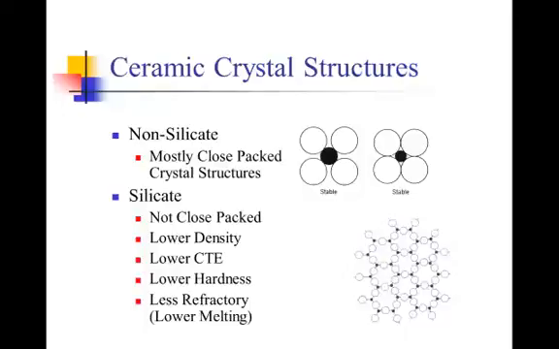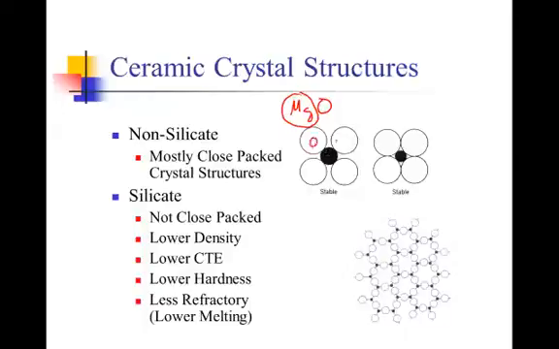So a non-silicate ceramic would be a ceramic that has, for example, a composition of magnesium oxide, where magnesium is not silicon, and that's why we call it a non-silicate ceramic. The example here actually fits the situation of magnesium.